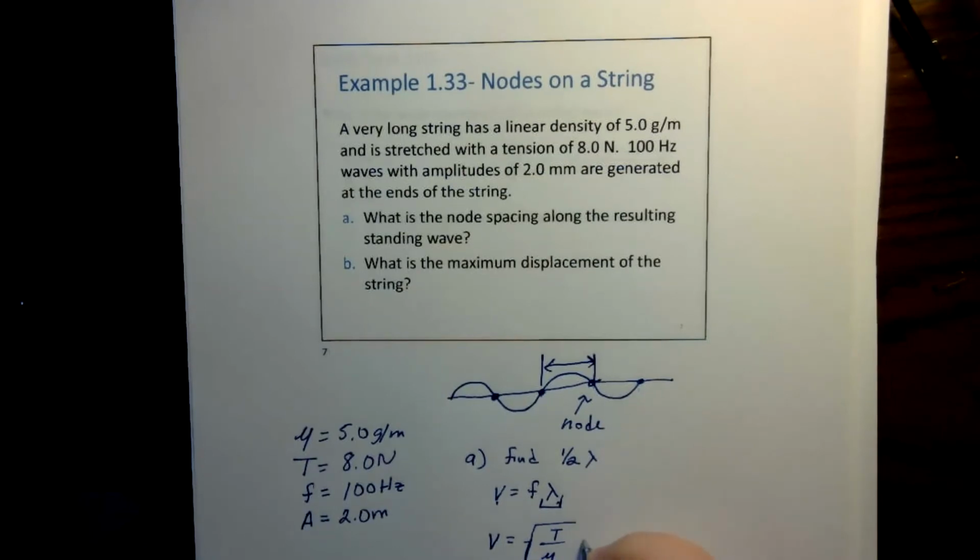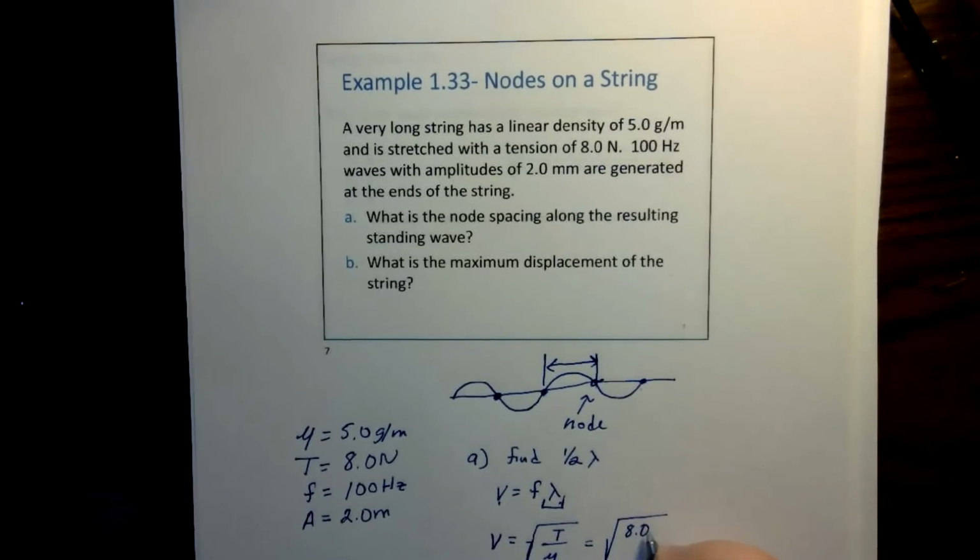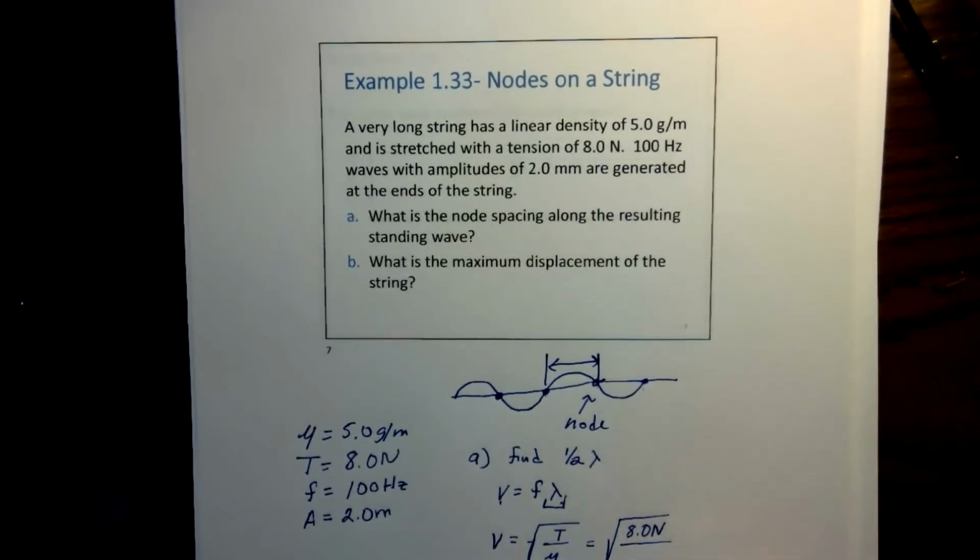So velocity is equal to the square root of the tension, which is 8.0 newtons. We do not have to change that one over. We do have to convert our linear density, mu. Mu, we said, is 5 times 10 to the negative 3 kilograms per meter. Make sure you do that conversion and make sure you get the same number.